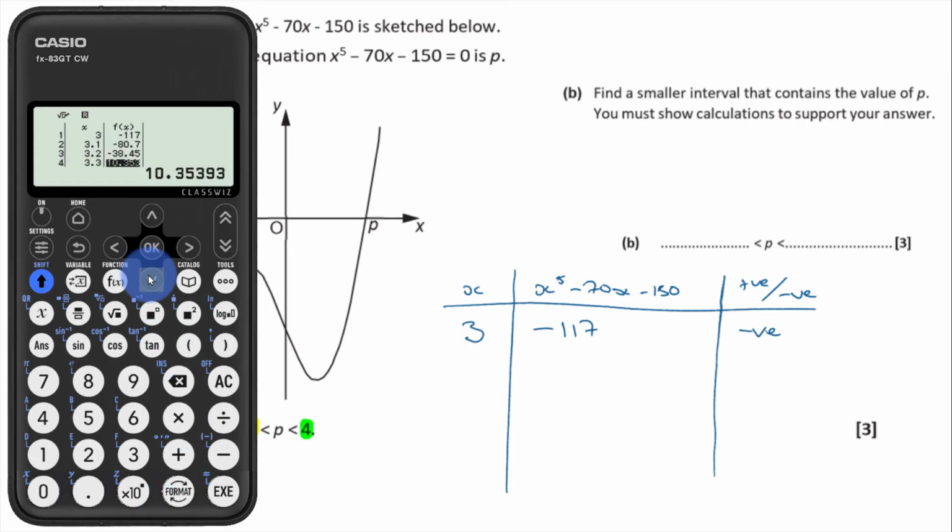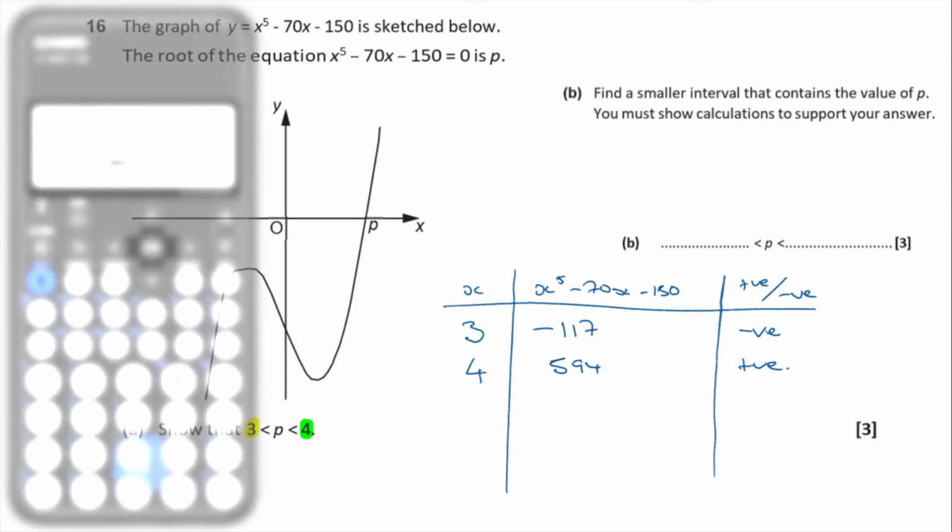clearly negative. Okay? And then if I go all the way down to the other end of the table, you can see that my value for 4 is 594. So when x is 4, my answer is 594, and that is definitely very positive. Okay, so between 3 and 4, it's switched from being negative to positive, and so it must have passed through the x-axis.